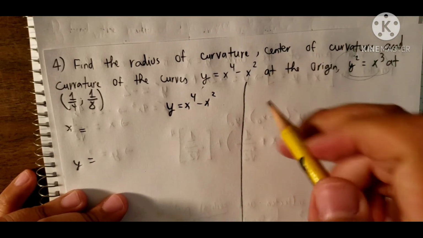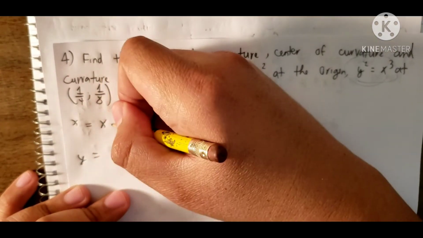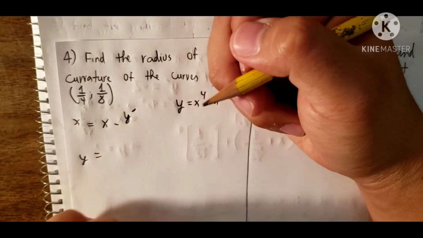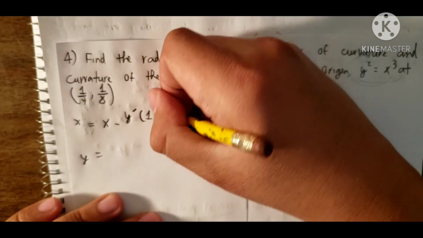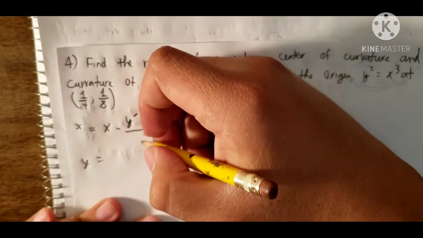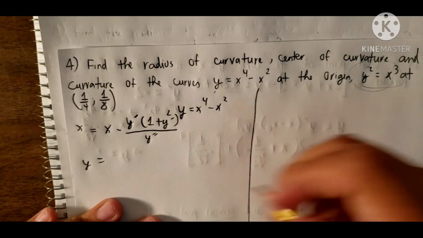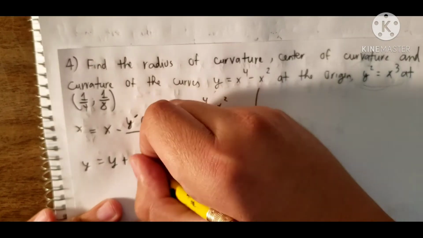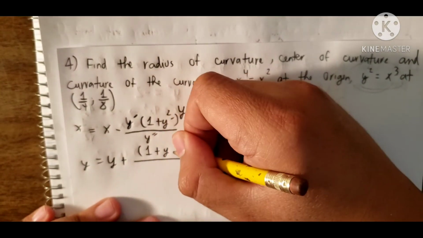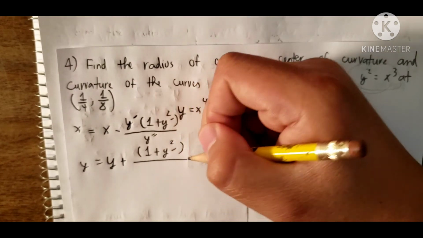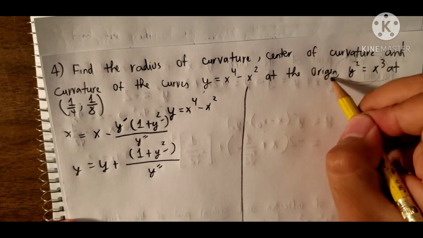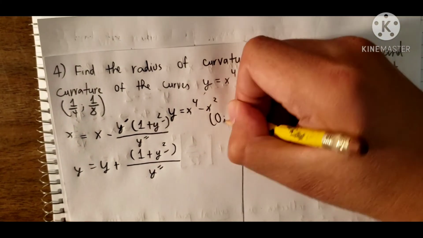I want to do this one, and the formula is s minus first derivative of y times (1 plus first derivative of y power 2), then we divide by the second derivative. For this one we have y plus (1 plus first derivative of y power 2) divided by the second derivative. They ask about the origin, so that's 0 and 0 in here.